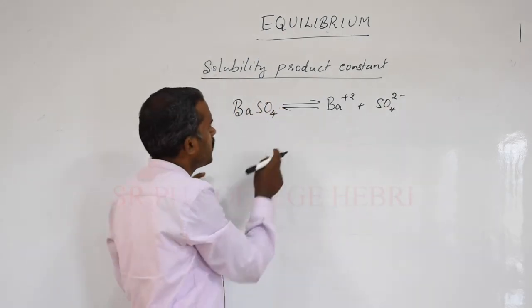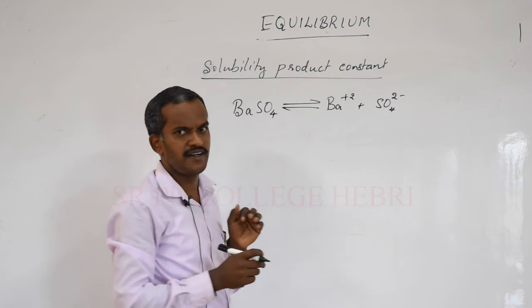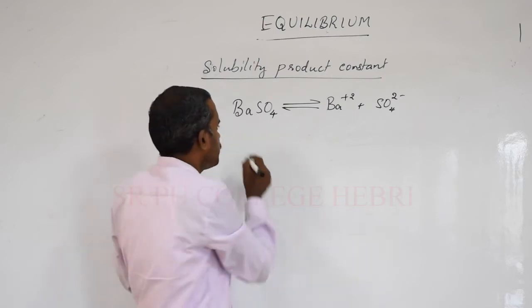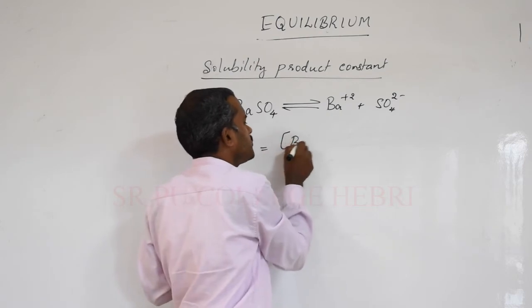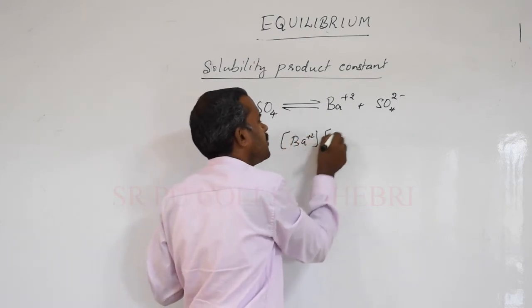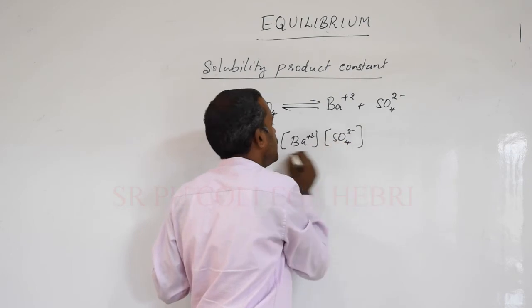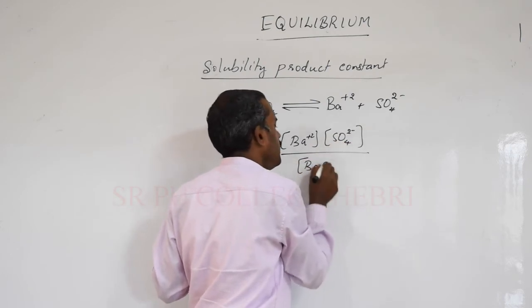So if barium sulfate forms barium and sulfate ions, we can write an equilibrium constant as K equals, you know the expression, concentration of Ba2+ into concentration of SO4 2- divided by concentration of BaSO4.